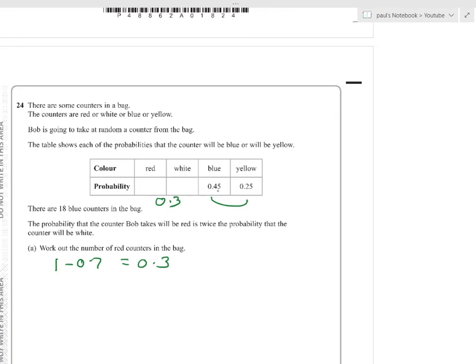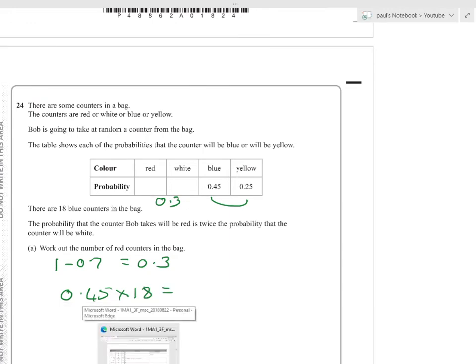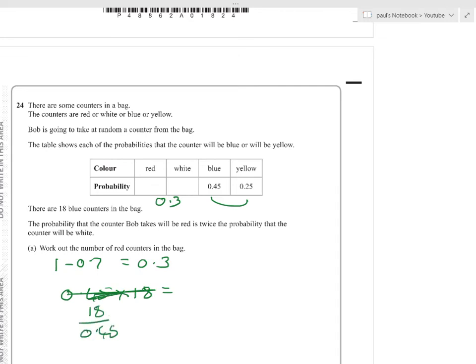So if we've got blue counters, 0.45 times 18 blue counters... No. 18 divided by 0.45, which means there are 40 counters altogether.